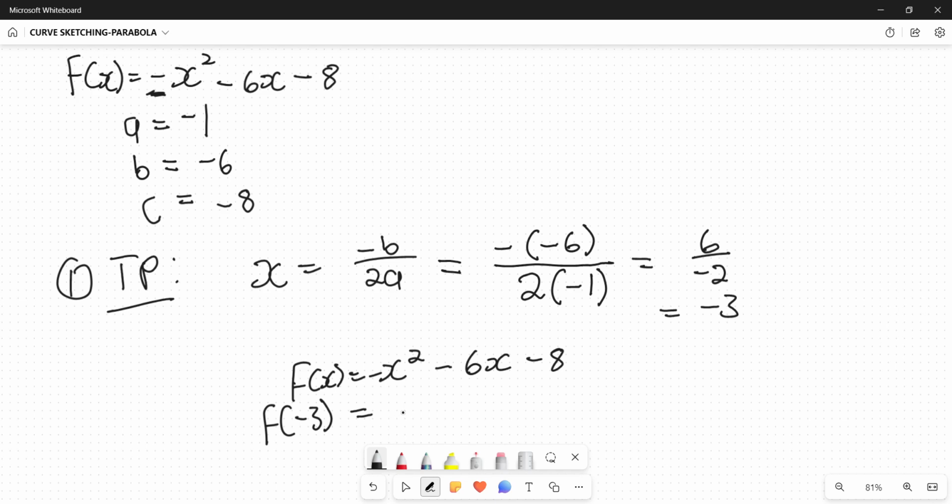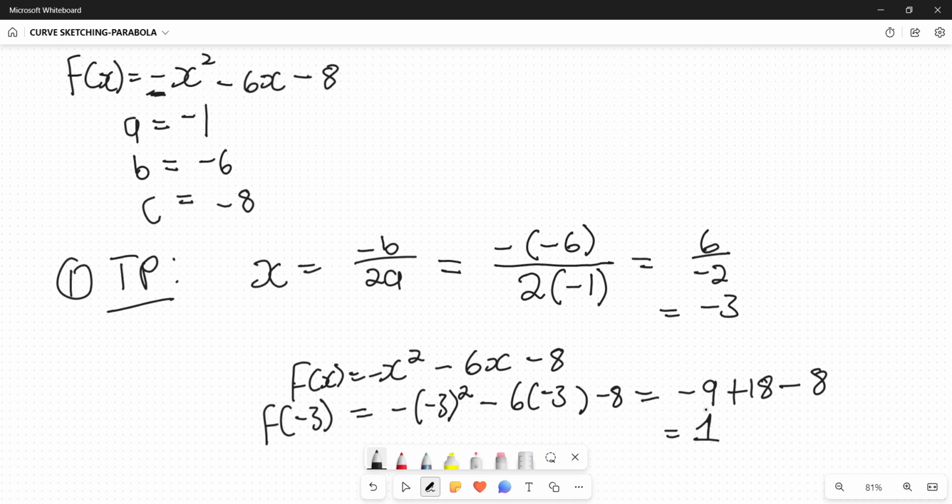f of -3 equals to -(-3) squared minus 6 into -3 minus 8. So now simplifying this, it will give us -9 plus 18 minus 8, which is equals to negative, oh sorry, it's not negative, it is +1.